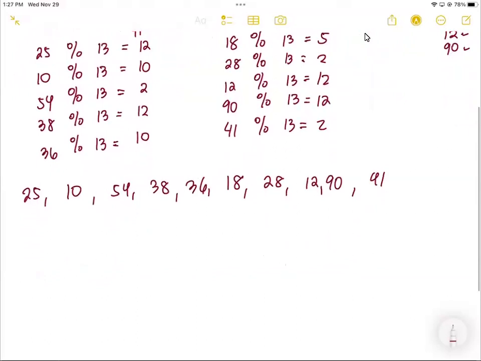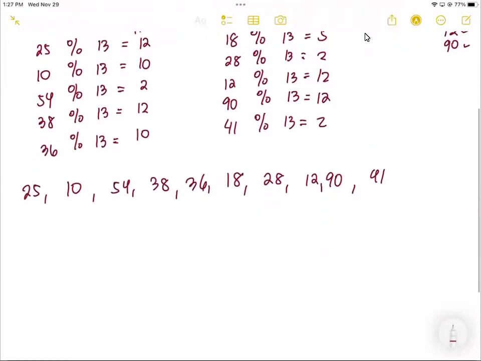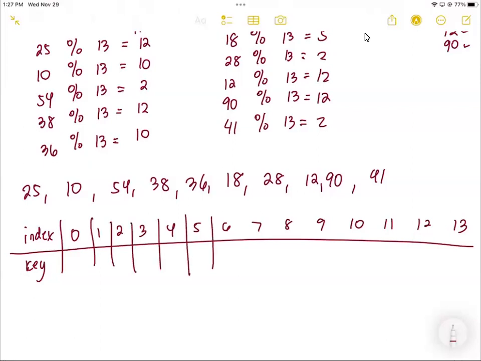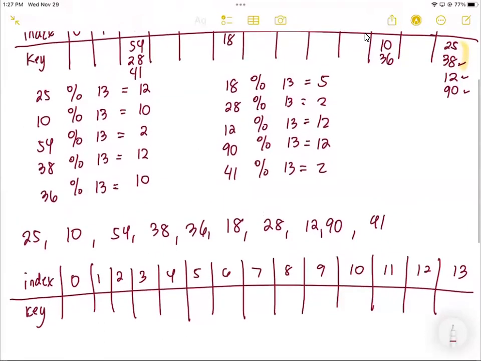Let's redo our hash table. So we have the index as well as the key. For the index, we have 0, 1, 2, 3, 4, 5, 6, 7, 8, 9, 10, 11, 12, and then 13. Okay, let us check.